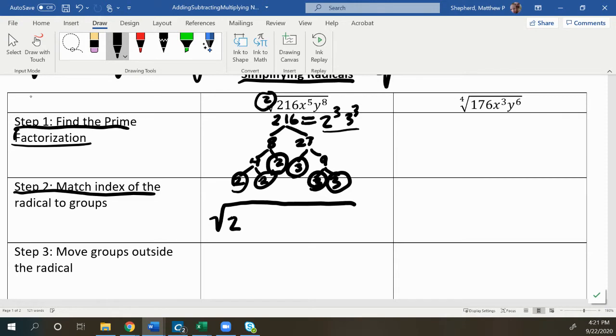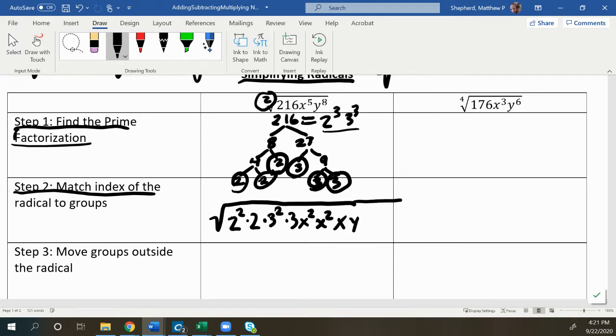So I'm going to have 2 to the power of 2 times a 2. So I still have 3 2's, but now I've got one of them as a squared, multiplied by a 3 squared times 3. And now with that x to the power of 5 up above, I'm going to create an x squared, another x squared. So there's 4 x's, and I have 1 left over.